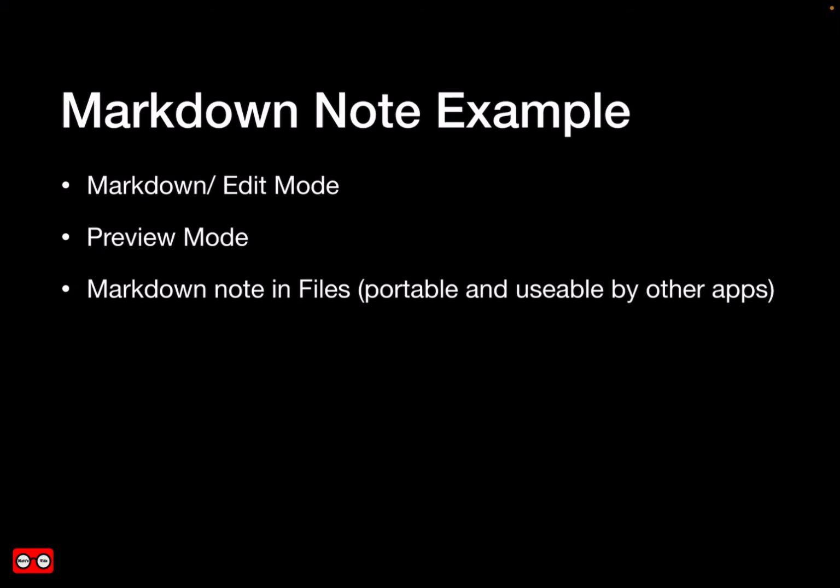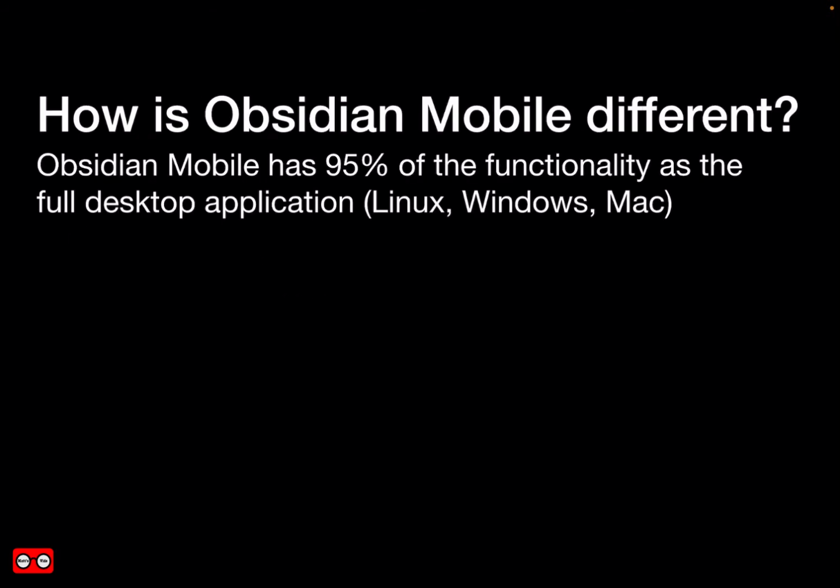So it means you are not locked into a system. If you decide to move away from Obsidian in the future, then you can. Nothing's locking you in, unlike other note-taking platforms such as Notion. I don't know about Roam, but with some of the other platforms, it is a bit more difficult to move your data in and out of those systems.